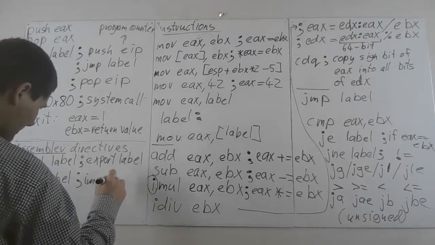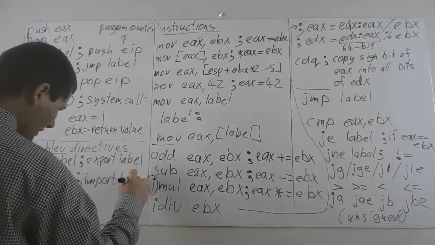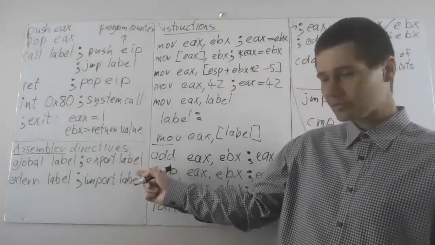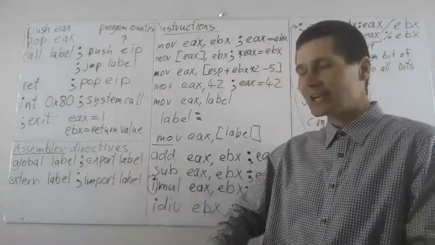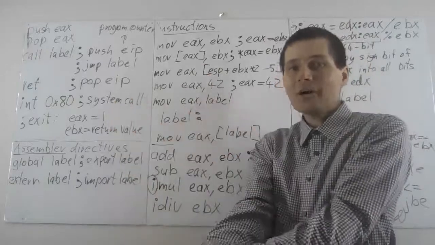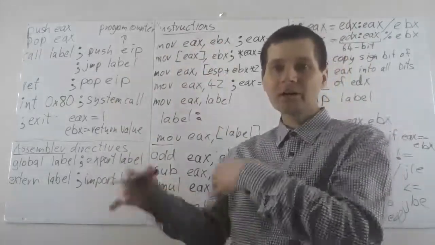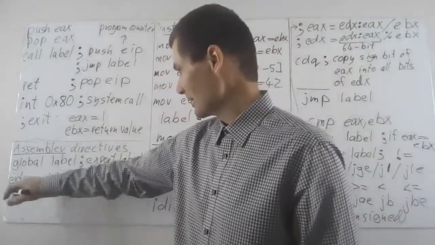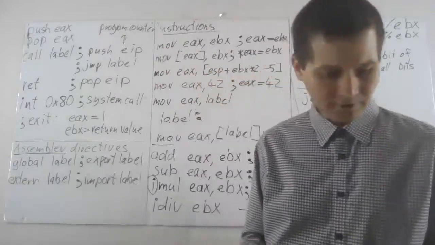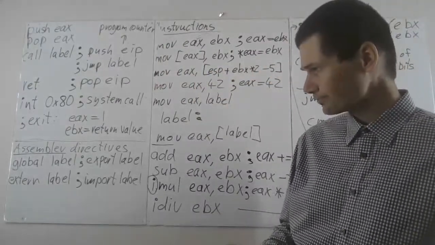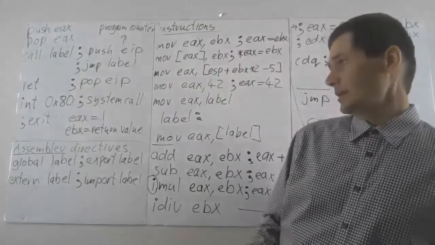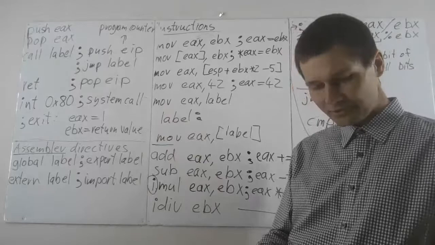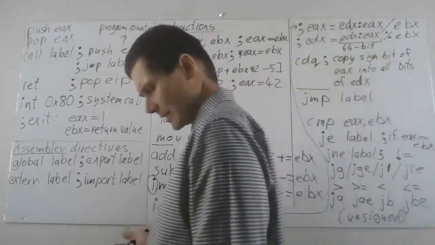Right? So in MIPS, you would say export to make the label visible throughout the whole program, and then import to say, in this file, I want to be able to use this particular global label, so I want to import it there. So you would use extern to import it, and global to export it, to make it visible. Okay, so those are two important ones if you're generating multiple files.